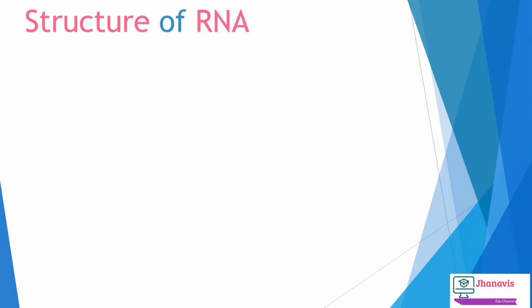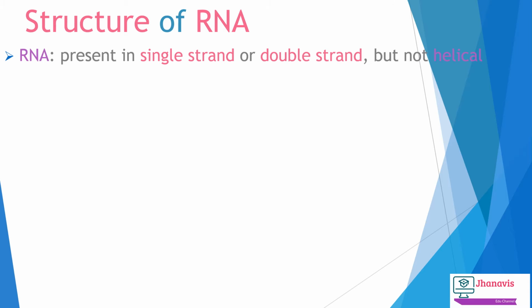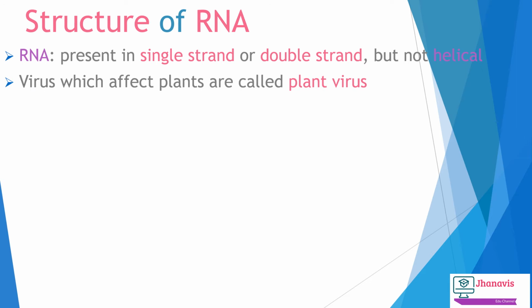Structure of the RNA. Another important genetic material, which is present in most of the viruses and also in some plants. The RNA may exist in two forms: either single stranded or double stranded, but it's not a helical structure. The viruses which affect plants are called plant viruses.